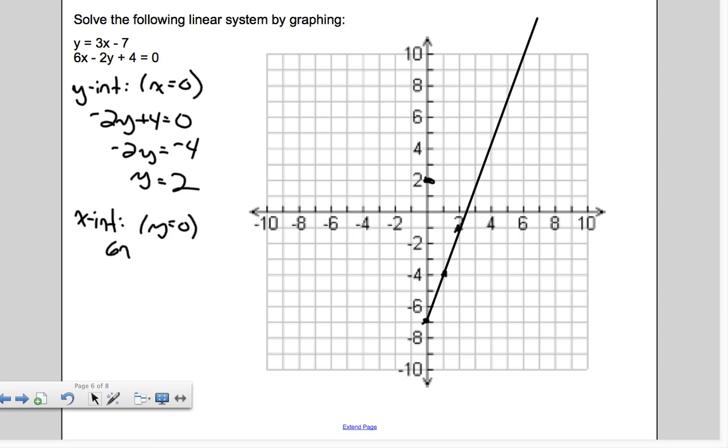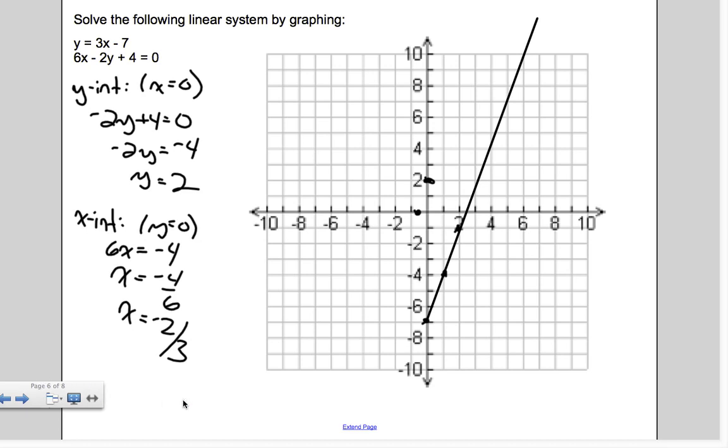I get 6x. Oh, that's not going to work out nicely. 6x is equal to -4. x is equal to -4 over 6. So x is equal to -2/3, which is roughly around right here.